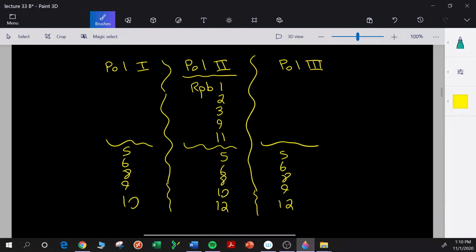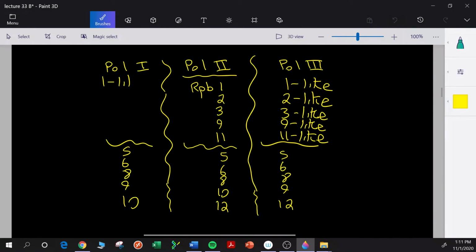However, the first 5 are different in pol 1 and pol 3. So there's an RPB1-like protein in pol 3, 2-like, 3-like, so not encoded by the same gene, but overall the structure is very similar. Same thing for pol 1.